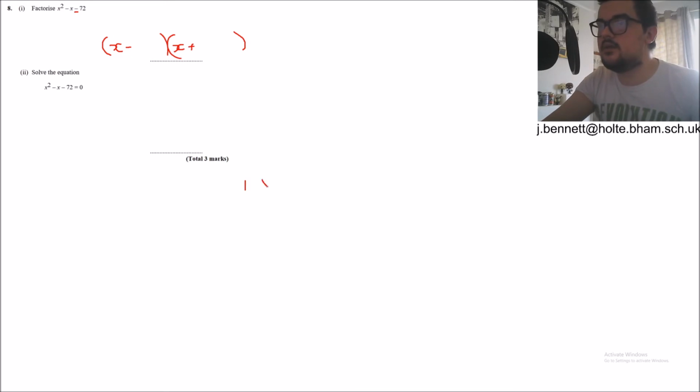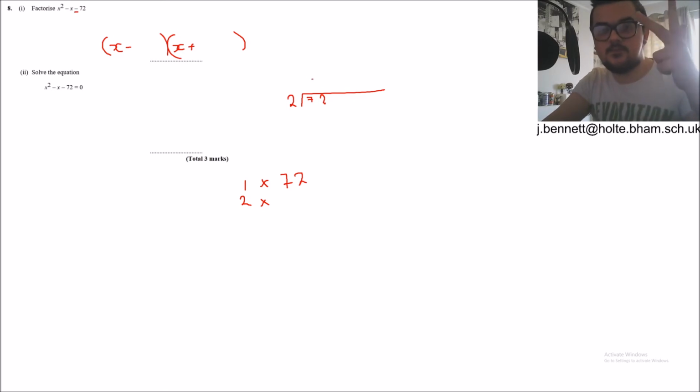So if you go through our pairs of numbers that multiply to get 72, 1 times 72, 2 times, now we want half of 72. How many 2's going into 7? 2, 4, 6, 8, 3, remainder 1. How many 2's going into 12? 6, 36. And we're not there yet because they don't have a difference of 1.